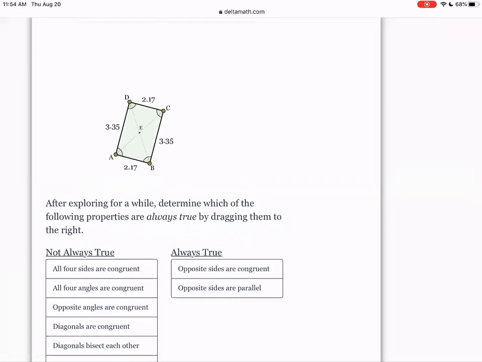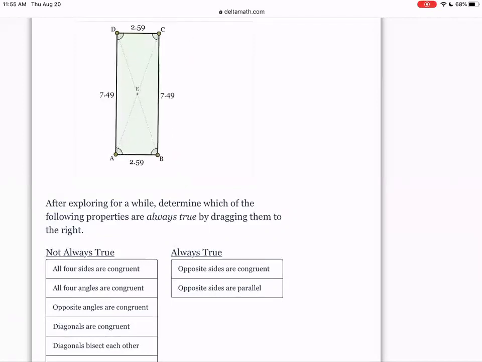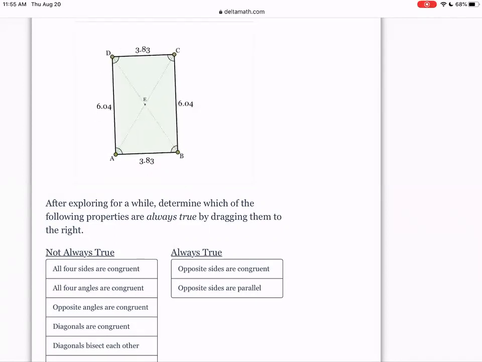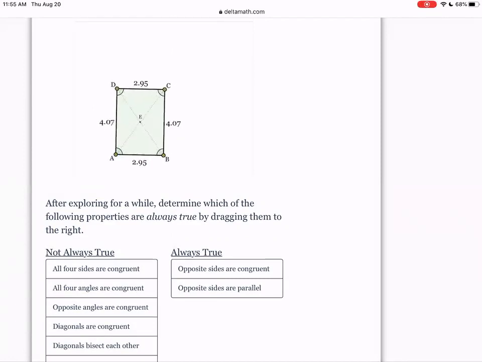All four angles are congruent is the next one we're looking at. Are they all the same size? These angles, even if I drag it longer, shorter? No. I know it's hard to see. What kind of shape am I pulling around here?